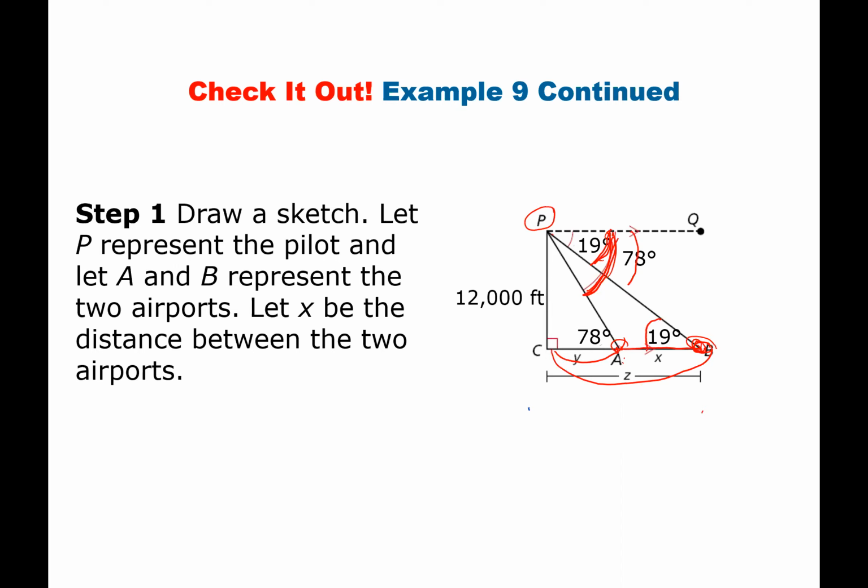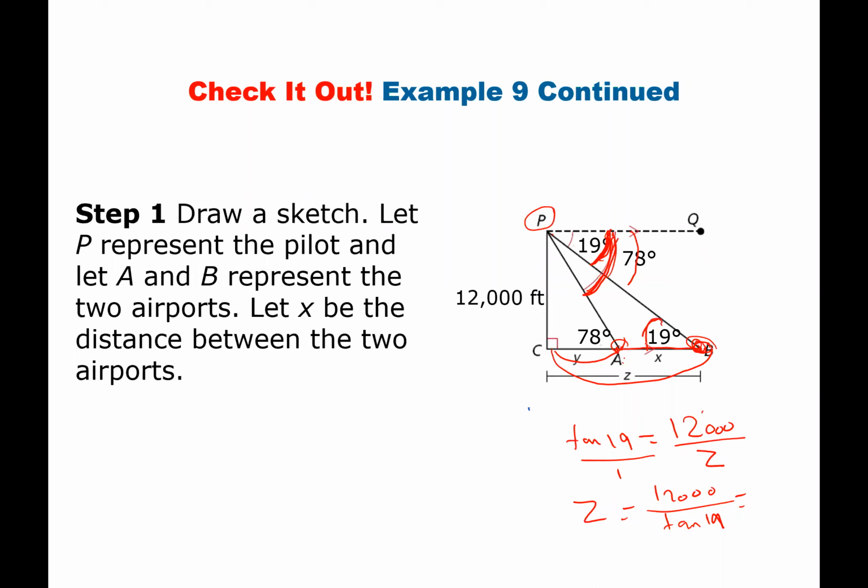This angle is 19. Tan 19 will be 12,000 over Z. Then Z will be 12,000 over tan 19. This small angle is the angle of the farthest point, the far one.